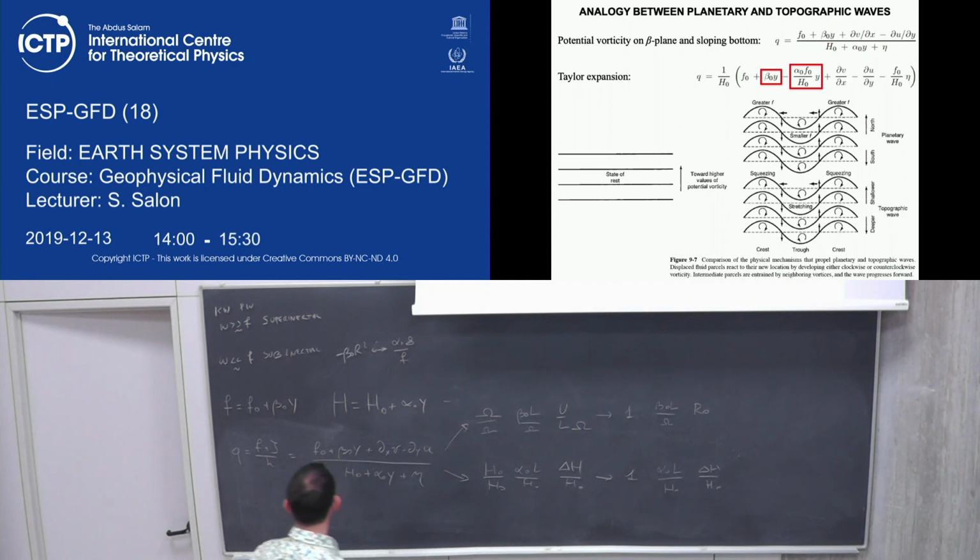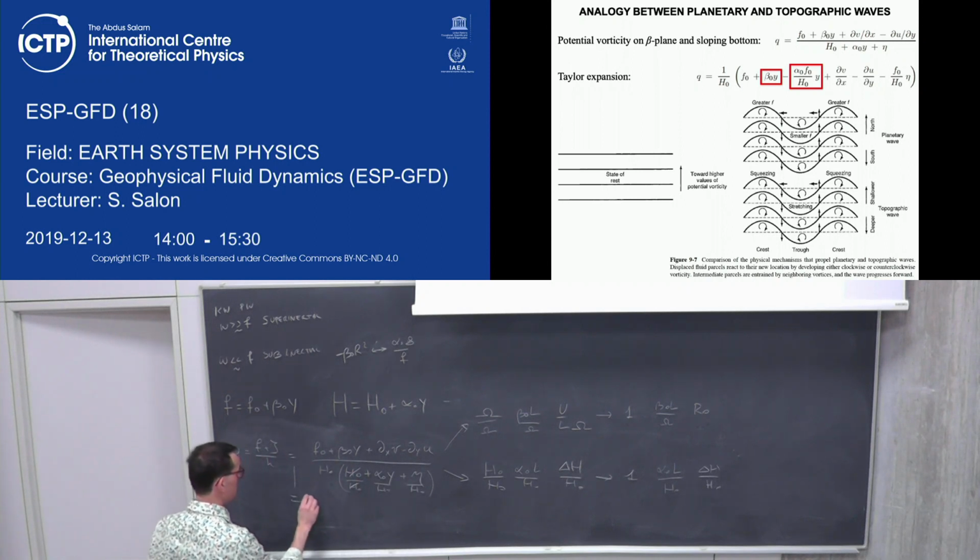So we can rewrite the denominator, by dividing by H0 and multiplying by H0. What I obtain is 1 here, and then these two terms.